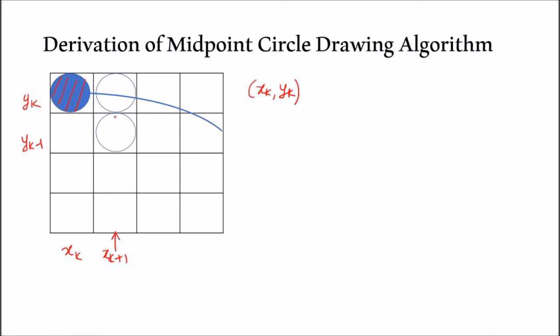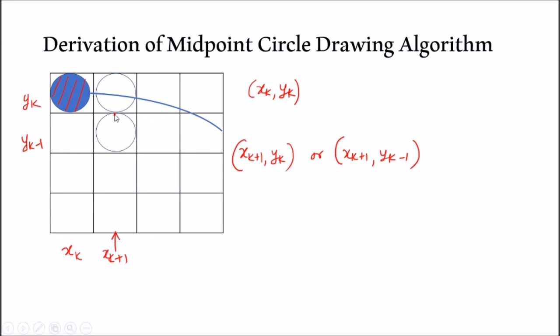So there are two possibilities for the pixel. One possibility is x of k plus 1, y of k, and the next is x of k plus 1, y of k minus 1. Which pixel will be part of the circle depends on the midpoint. This is the midpoint between the two pixels.